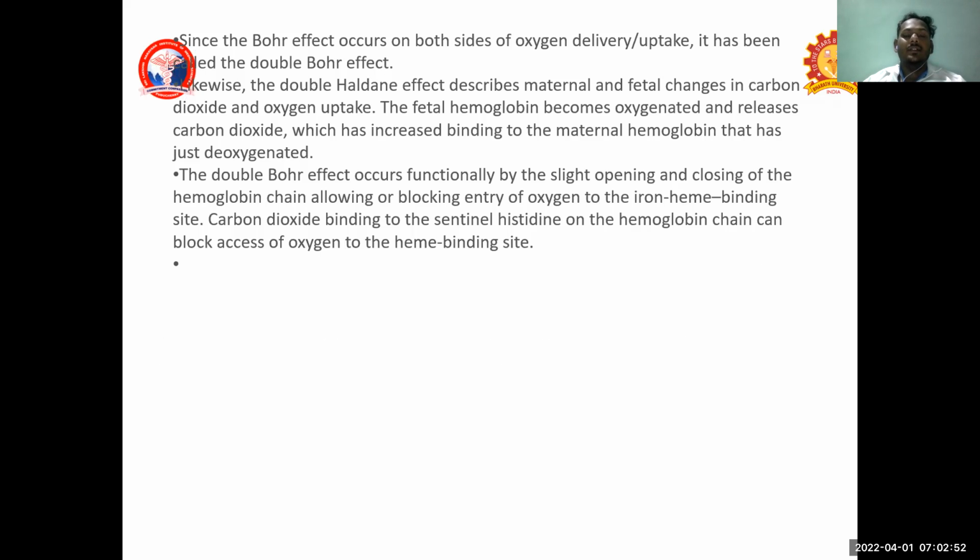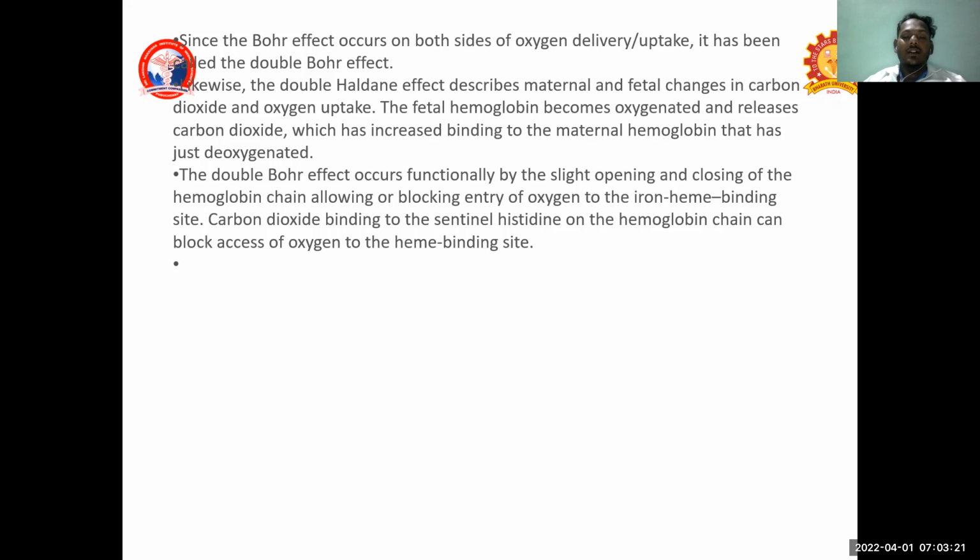Since the Bohr effect occurs on both sides of the oxygen delivery and uptake, it has been called the double Bohr effect. Likewise, the double Haldane effect describes the maternal and fetal change in carbon dioxide and the oxygen uptake. Fetal hemoglobin becomes oxygenated and releases the carbon dioxide, which has increasing binding to the maternal hemoglobin that has just deoxygenated.